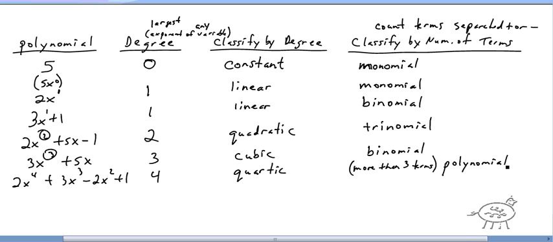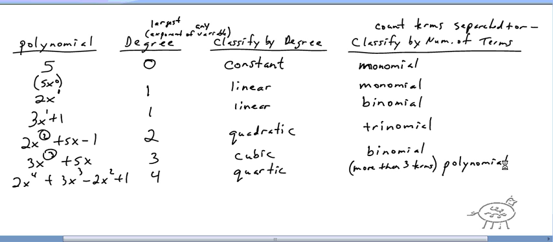Now technically, math fans, these are all polynomials. That's important. They're all polynomials. Just like if I would say we're all human beings, that's a generic term. But if I said we have some men and we have some women, that's a more specific term. Well, these are all polynomials, but if it happens to be 1 term, it's a monomial. If it happens to be 2 terms, it's binomial.